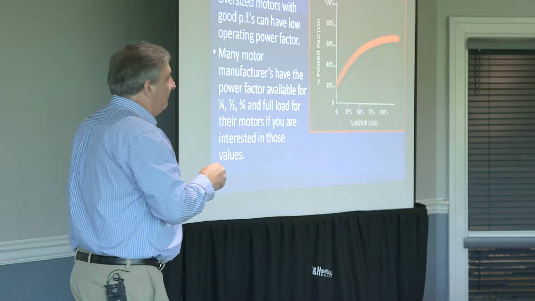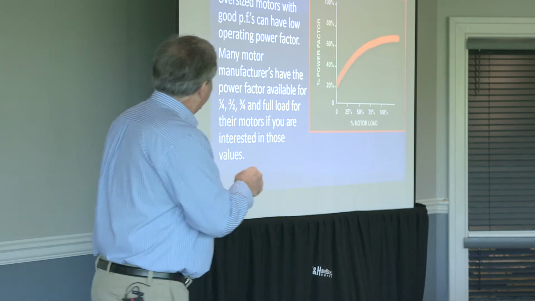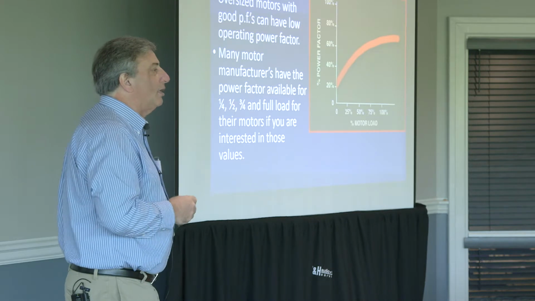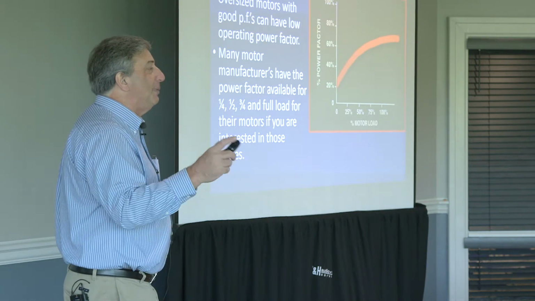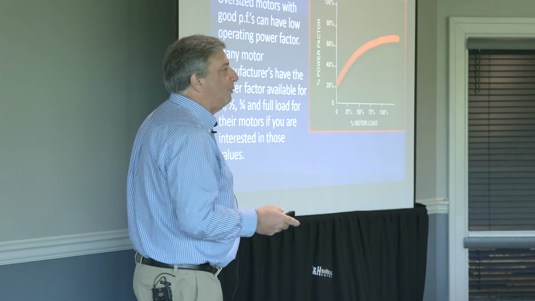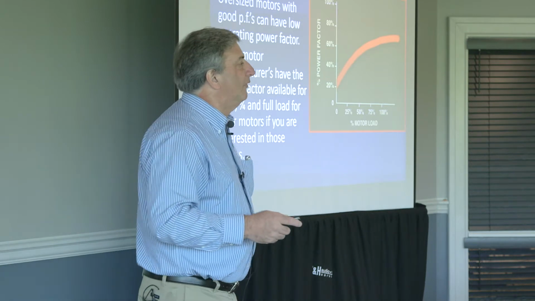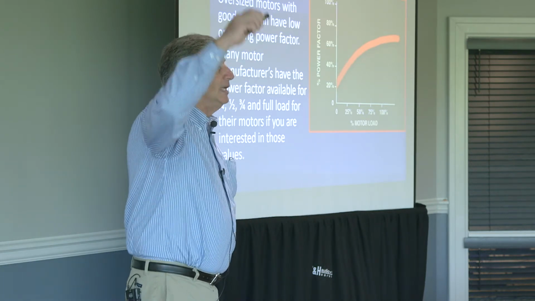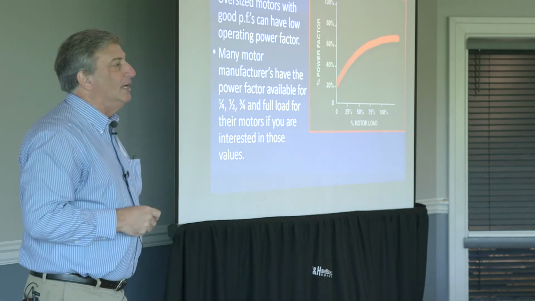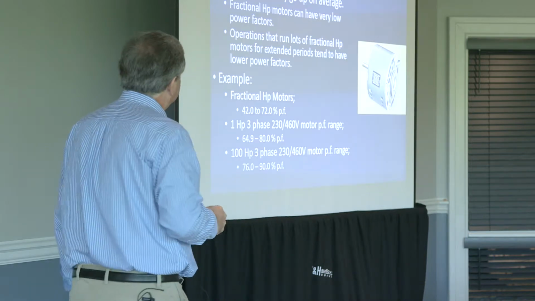I have found that if you go to motor spec sheets or the catalog, a lot of motor folks today will give you their quarter, half, and 3/4 load power factors in the spec sheet or in a catalog. So if you know this motor is operating at 50% load, and maybe only once for 20 minutes, 30 minutes in the day do we take it to full load, I can get a feel for where it's going to operate at each of those loading levels when I change the load on it.